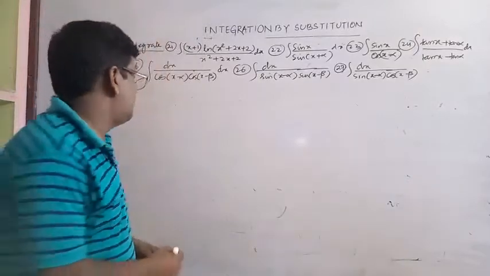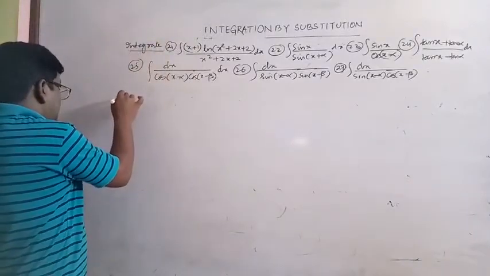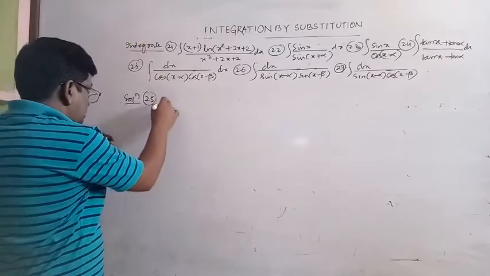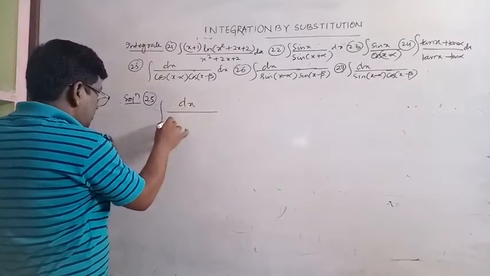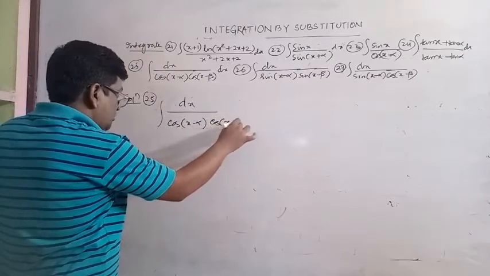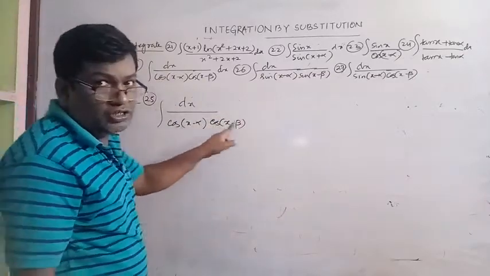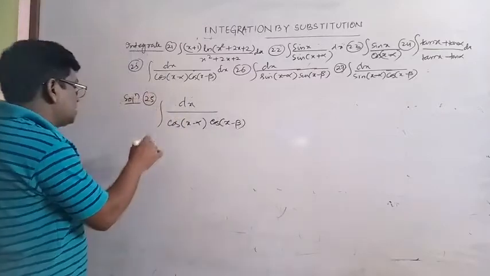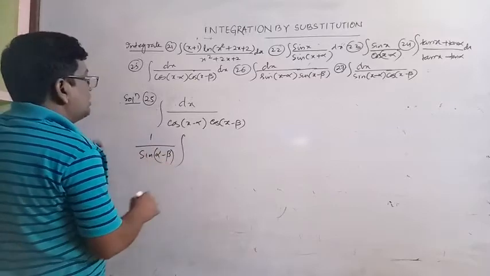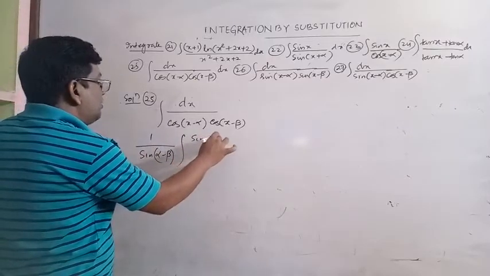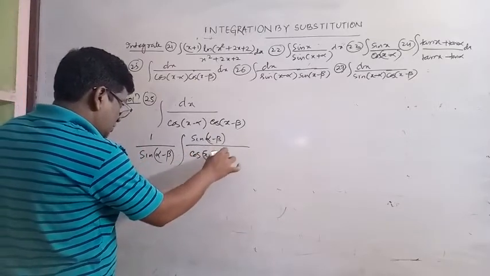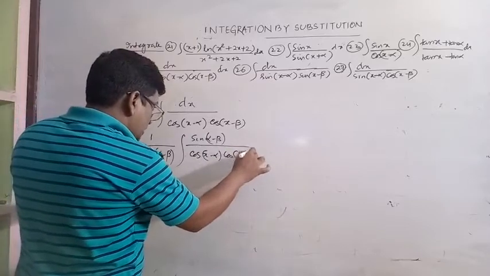Question number 25. Solution of question number 25: the integral of dx by cos(x minus alpha) into cos(x minus beta). Either cos or sin, we have to adjust this, like 1 by sin(alpha minus beta) into the integration of sin(alpha minus beta) by cos(x minus alpha) into cos(x minus beta).